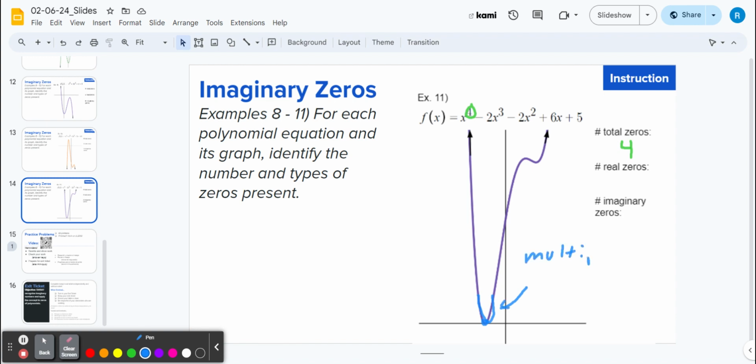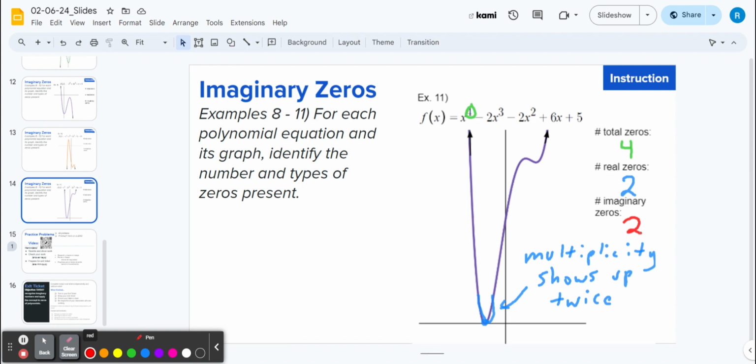Multiplicity. And that means that it shows up twice. So even though I am hitting that x-intercept once, the number of real zeros actually accounted for on that graph is 2, meaning that we have 2 imaginary zeros left over.